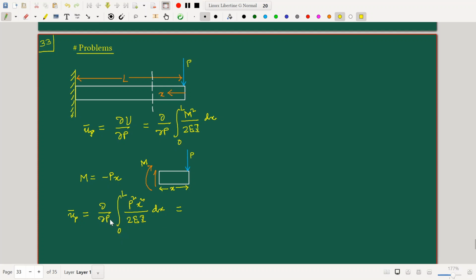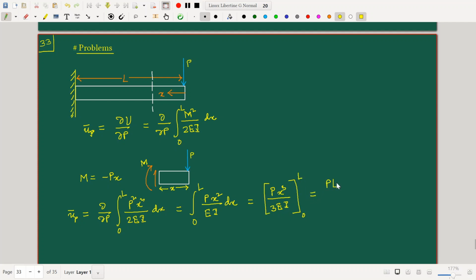So this del P can be taken within this integration, so that overall what we'll have is this integration 0 to L P x by EI dx, because this is a square. All right, and if we carry out the integration, what we'll obtain is Px cube by 3 EI with the proper integration limits.